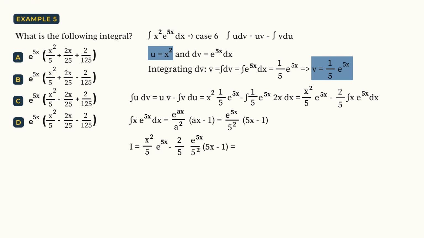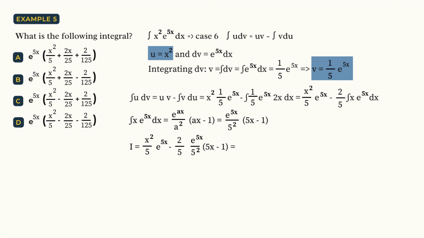So the integral equals x squared over 5 multiplied by e power 5x minus 2 over 5, and now I'm going to add the integral formula which we just calculated, multiplied by e power 5x over 5 squared multiplied by 5x minus 1. I hope you're following me.